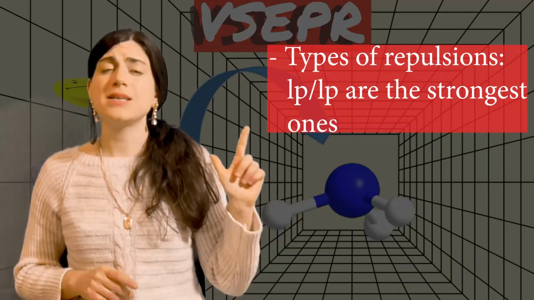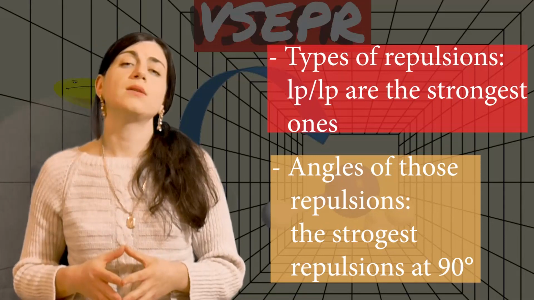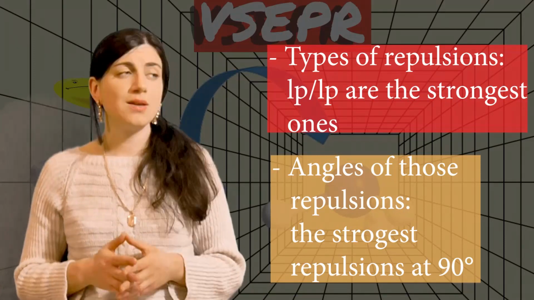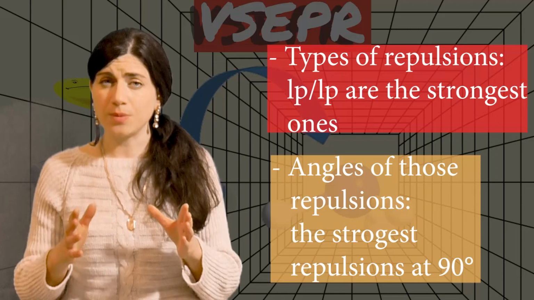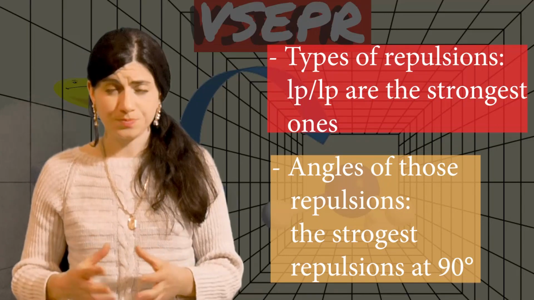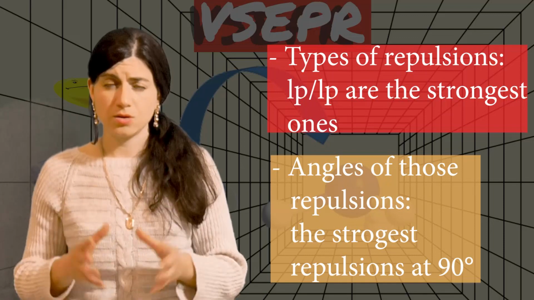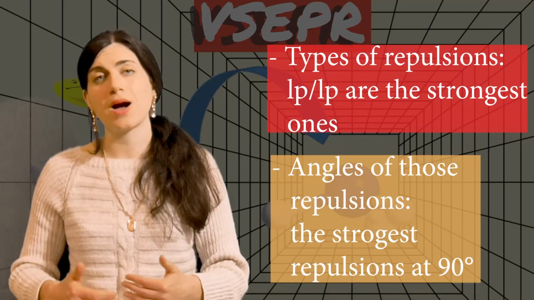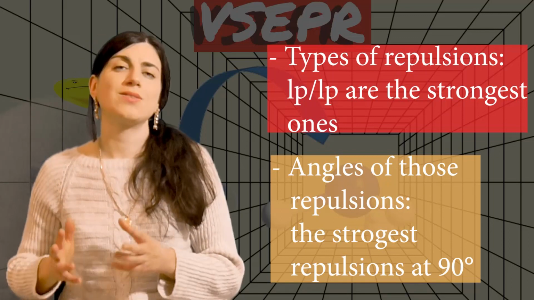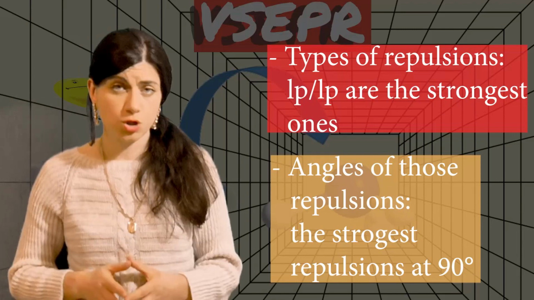The second point is that we also have to take into account the angle between those electron pairs. At 90 degrees we will have the highest repulsion between electron pairs. Those are important to define which geometry is more unstable and which geometry is more stable, and so is our molecular geometry.